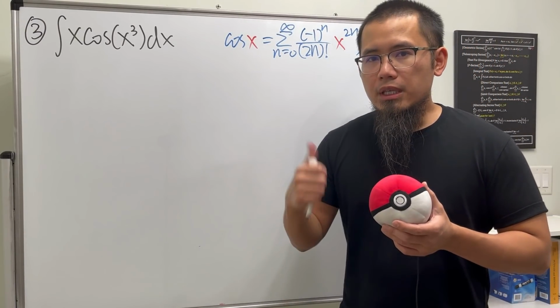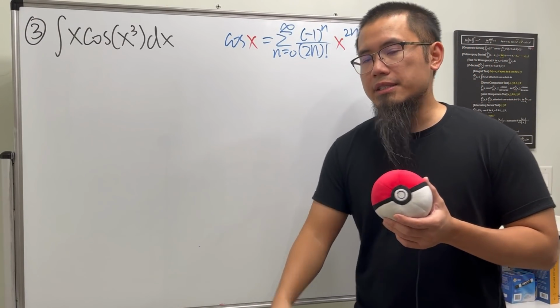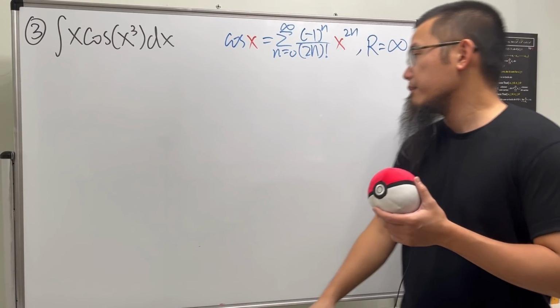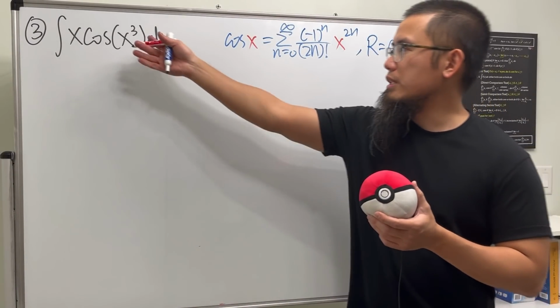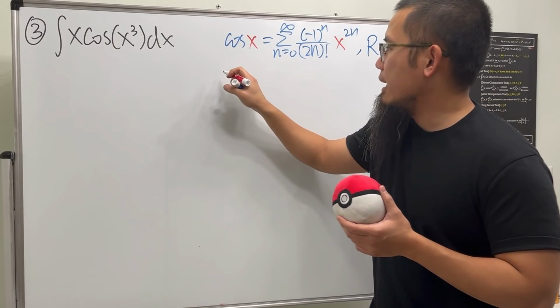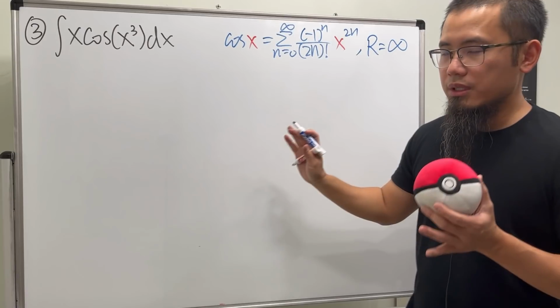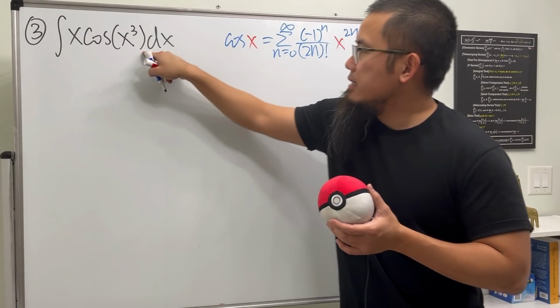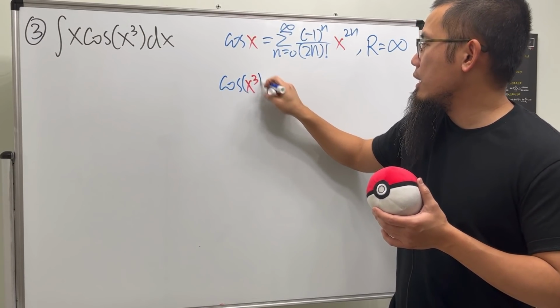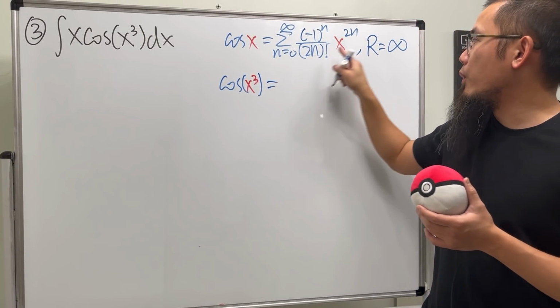So remember, e to the x, sine x, and also cosine x, all their radius of convergence are infinity. All right, and then we just have to get that happen, right? So first off, we see that we have to multiply this by x. So actually, let's do it in this way. Let's get this done first. So we have cosine of x to the third power, and this means we're plugging x to the third power here, right?